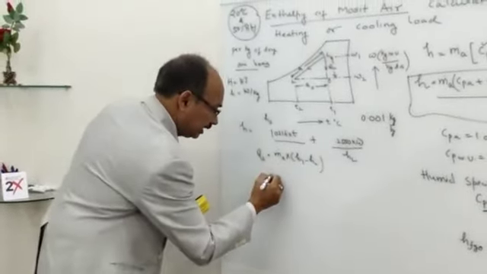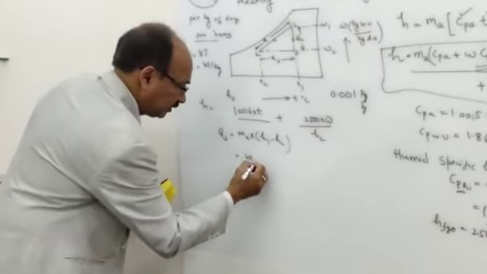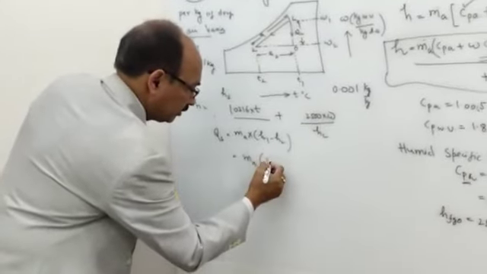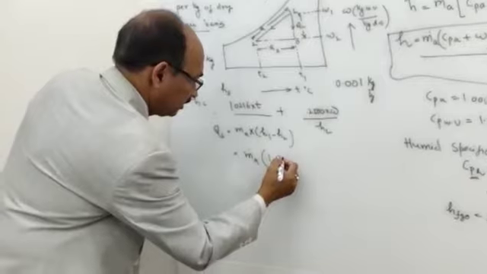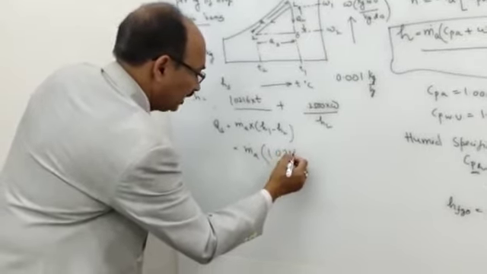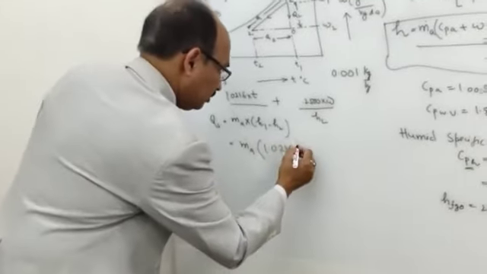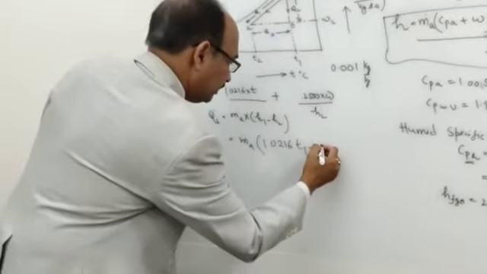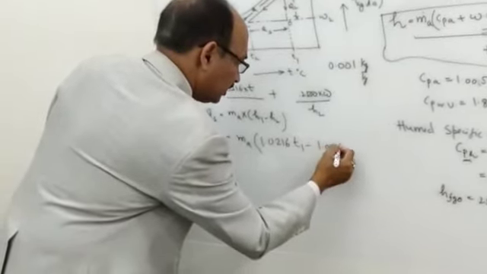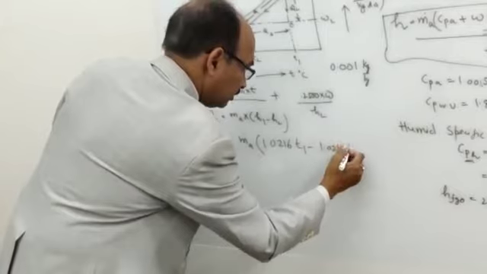So our sensible heat load is 1.0216 into T1 minus 1.0216 T2.